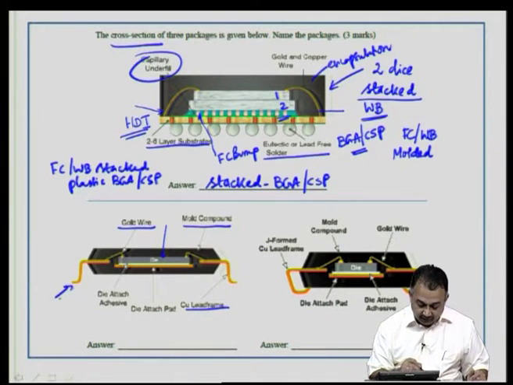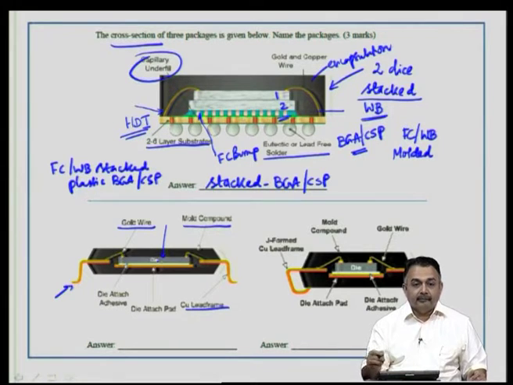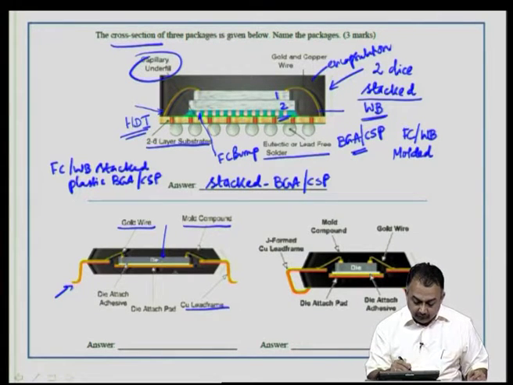So, this is the lead frame, and there is a die attach adhesive that makes up the platform for the die to sit on without any vibrational shock or without any air gap. And then we have a die attach pad, that is the platform. So, these are the components that you can see in this cross section of this particular package.